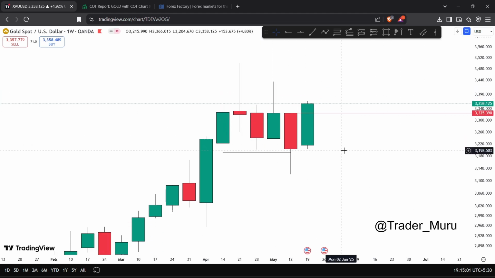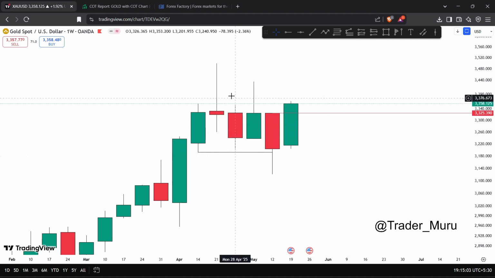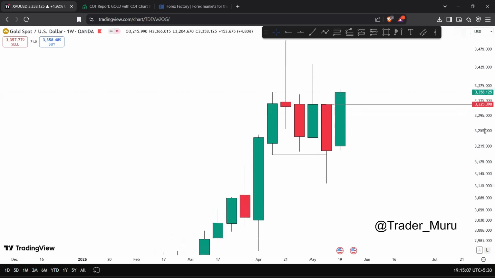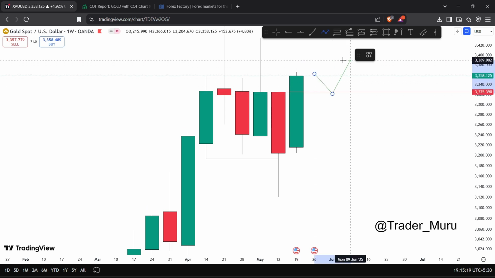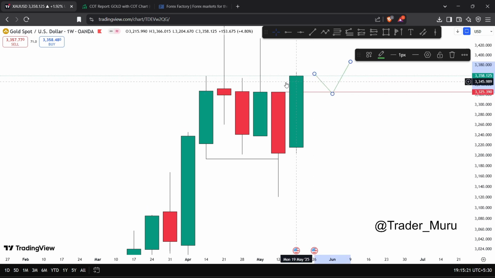Currently the structure is looking very bullish because of this closing here, which is the highest weekly closing till now. So it's possible it can retest here and again go upside.